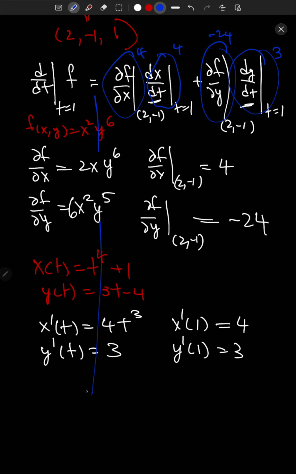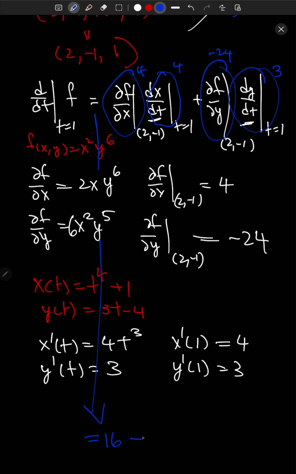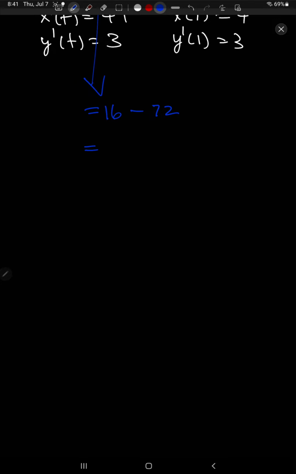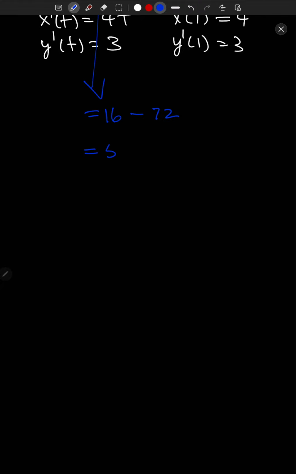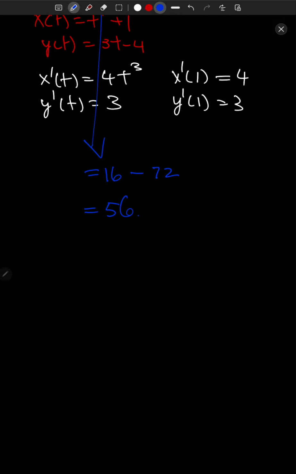So ultimately we get 16 minus 24 times 3, 72, and that's going to be 56. So what do I know? This function is increasing at t equals 1. The same kind of results that we got from one variable calculus. Derivative still tells us about rate of change.